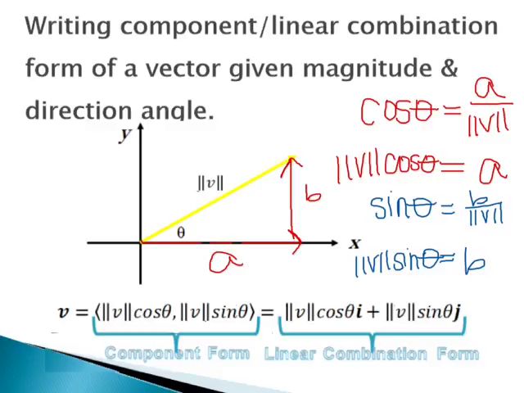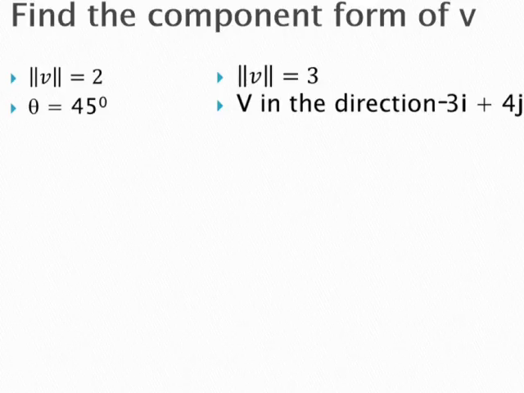Those should go hand in hand. Also notice, if you need this hint, that alphabetical order, cosine's first, sine is second. So magnitude times the cosine of the angle gives us the horizontal component. Magnitude times the sine of the angle gives us the vertical component.